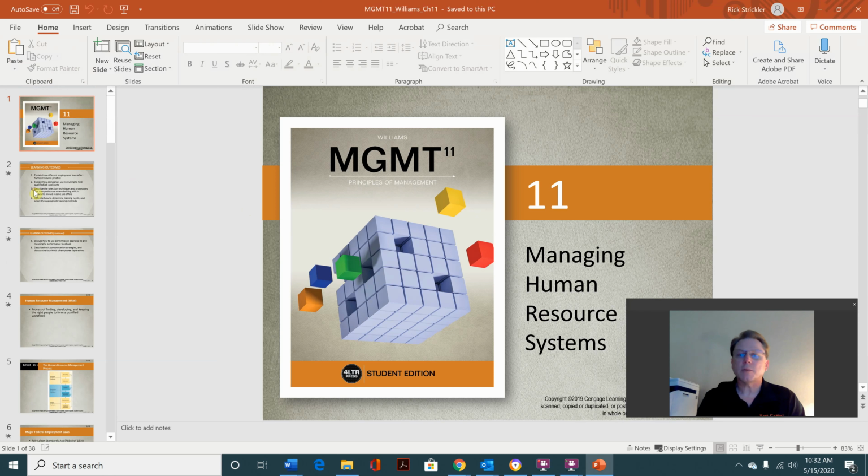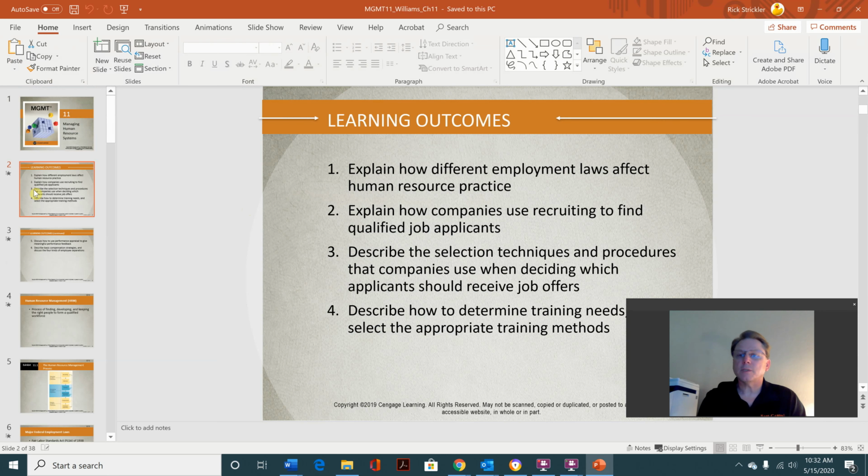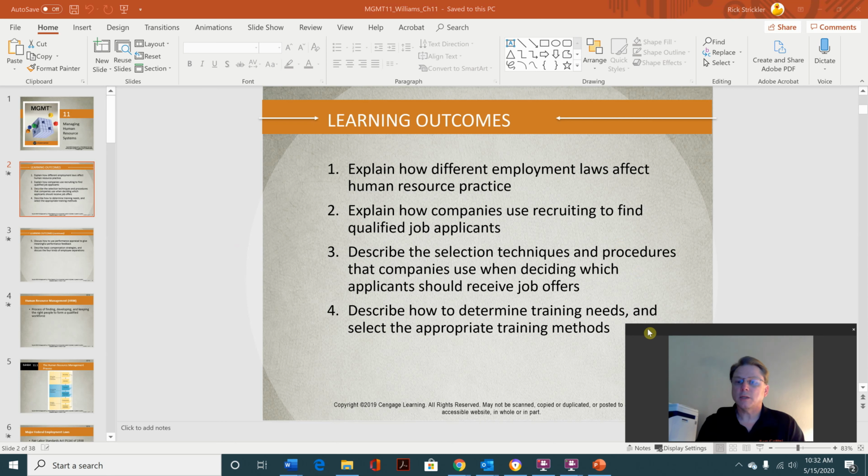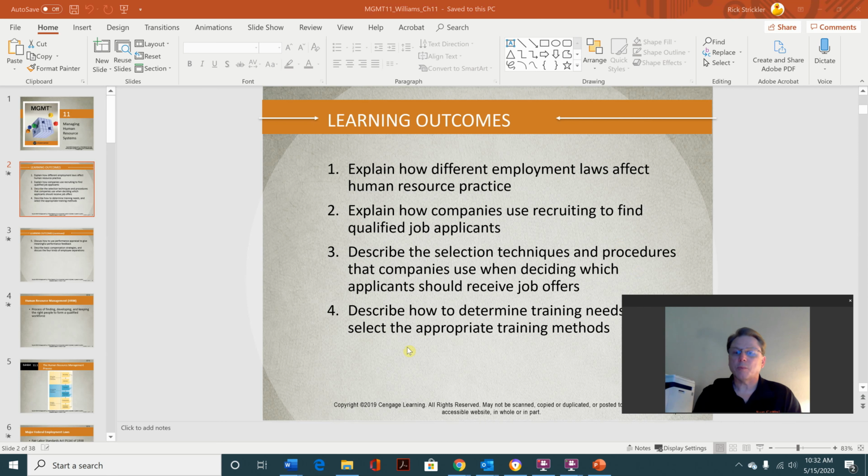Okay, so in this chapter, we'll go over the different employment laws that affect human resource practices, companies using recruiting to find qualified job applicants, the selection techniques and procedures that companies use when deciding which applicants should receive job offers, how to determine training needs, and select the appropriate training methods.